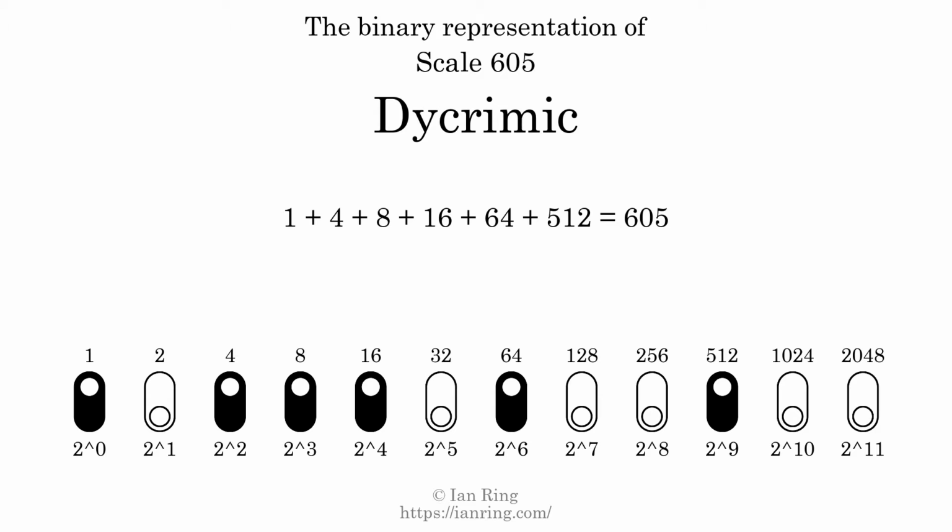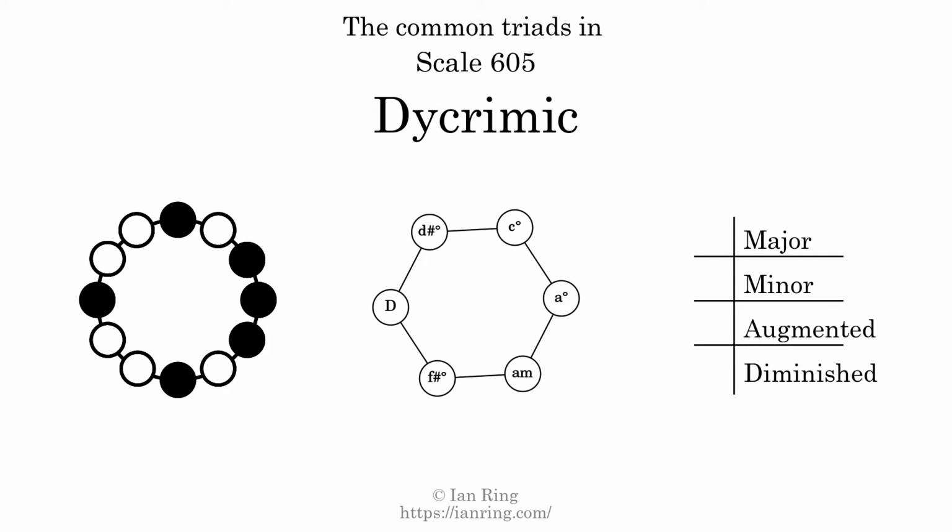That is why the scale number, in decimal, is 605. The scale number not only enumerates the scale with a unique index, but it also literally describes the tonal content of the scale. Represented as a binary number in base 2, the scale number is 001001011101.